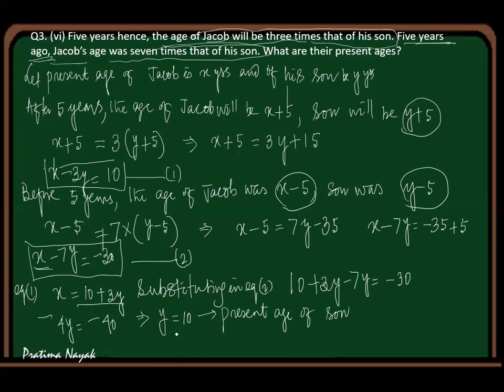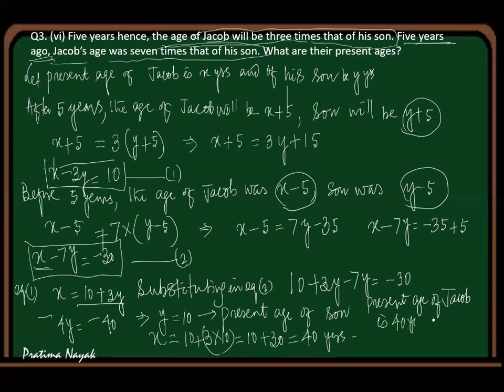What is x? x is equal to 10 plus 3y. 3y is 30. So 10 plus 30, that will be 40. So present age of Jacob is 40 years. And son is 10 years.